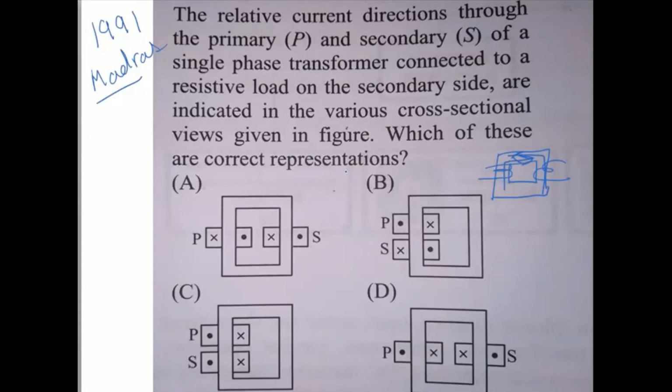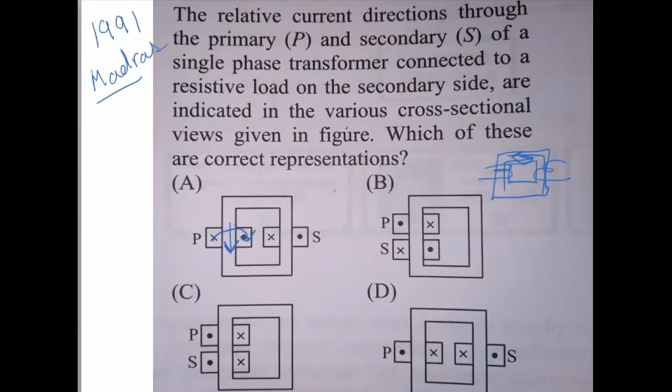If you want to know the detailed explanation of this, please let me know in the comments. If you see the first option A, the primary current is going inside and coming out here. If we apply the right hand thumb rule and curl our fingers in this direction, we find the flux direction is here.